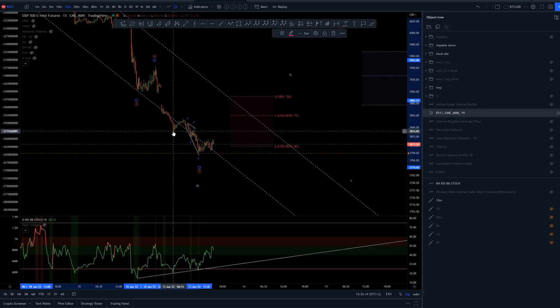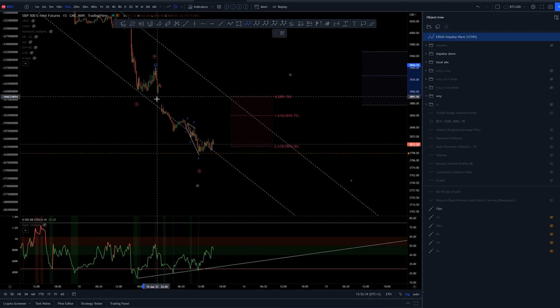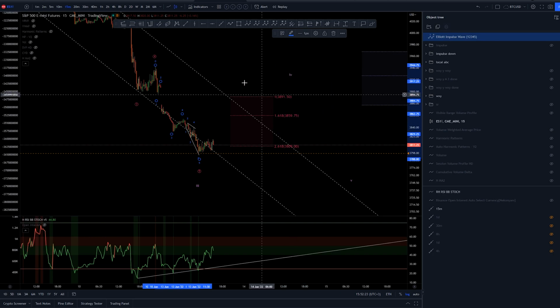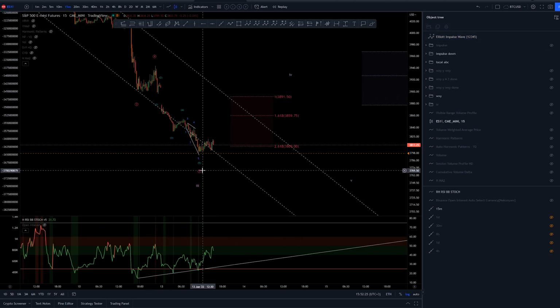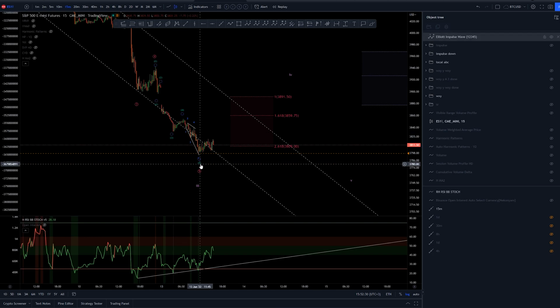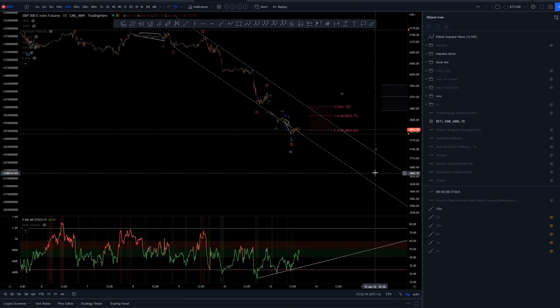Also the 3rd of submicro of this count here. Let me label it for you. 1, 2, 3, 4, and 5. This would be submicro. So we do have divergence between these two lows. That would again suggest that at least some kind of temporary upside could be expected soon.